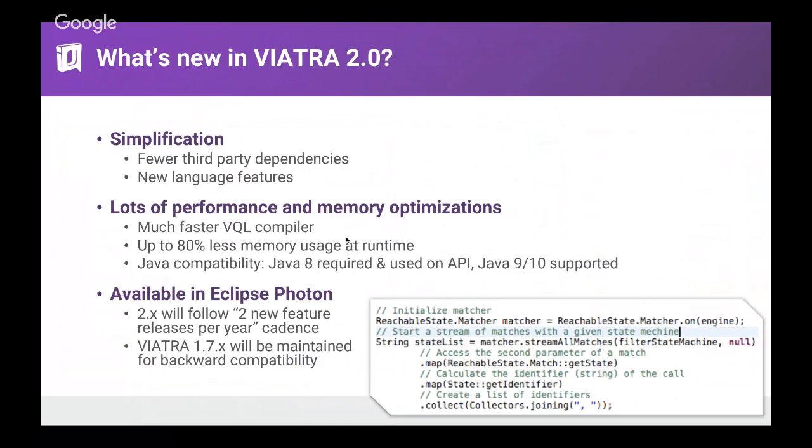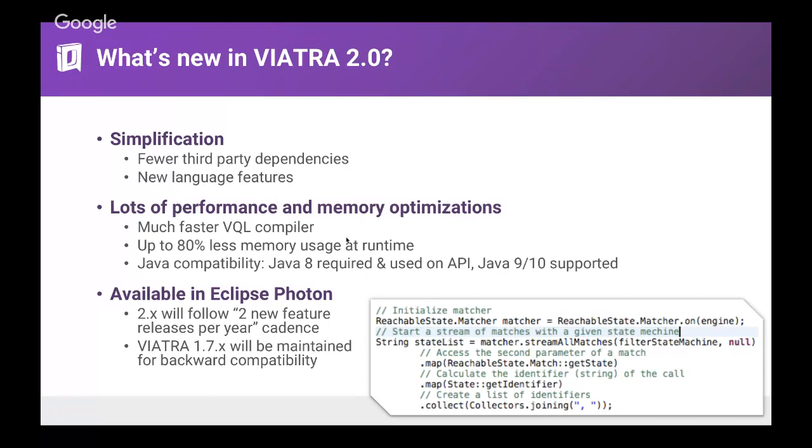And for VIATRA 2.0, we wanted to simplify the framework in the sense that we wanted to remove less widely used features in order to reduce the effort required for maintenance, and also make it possible to introduce deeper optimizations and, let's say, more radical changes into the entire toolchain.